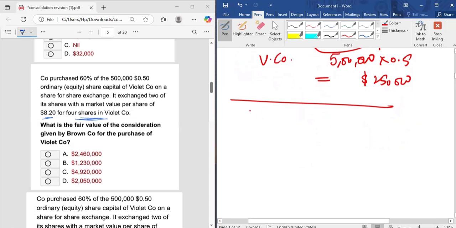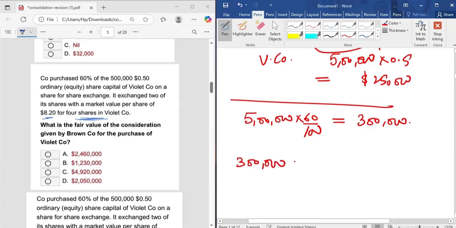Now see, the number of shares were 5 lakh and this X company has purchased 60% of it, so multiply it by 60%, right? Let me calculate 5 lakh 60%. It is 3 lakhs. Okay. Now, we will multiply this 3 lakhs by the number of shares which it has exchanged.